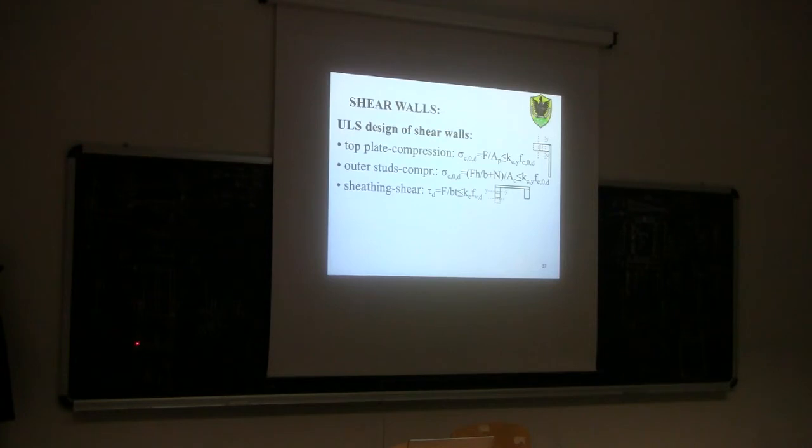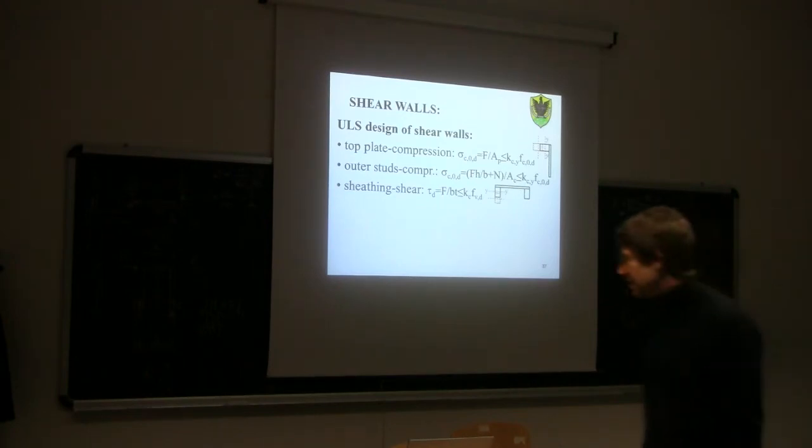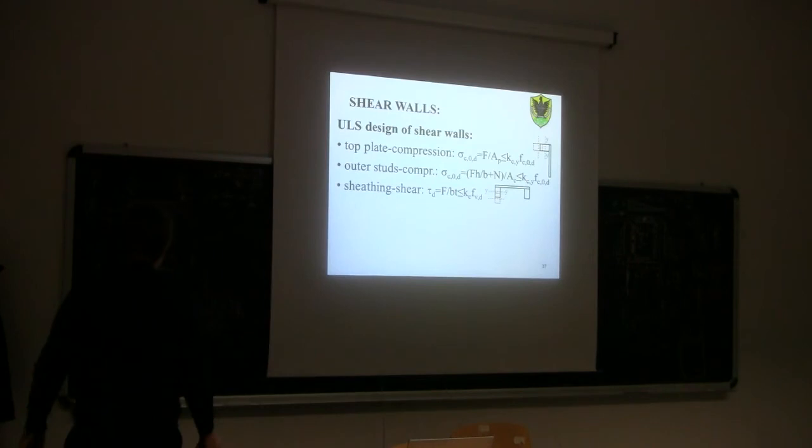In a cross-section like this, assuming for the sake of simplicity that the connection between the sheathing and the studs is glued, so it's rigid, what would be the stress distribution? Can I ask some of you to draw me the shear distribution around here?